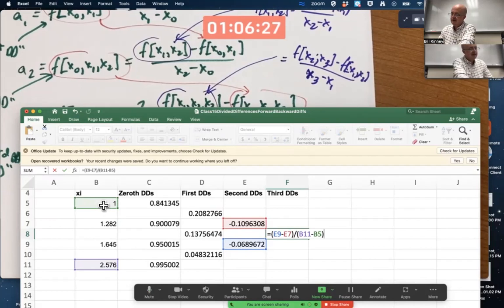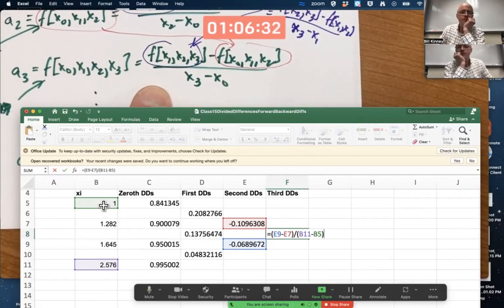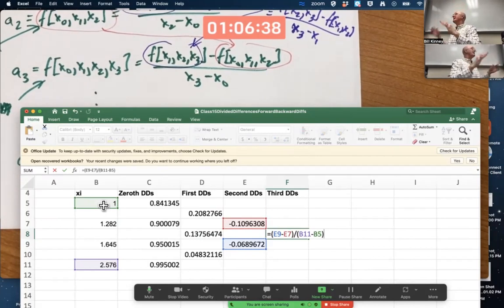I'm using this formula now. Notice I'm dividing by x3 minus x0. Actually, the really amazing thing about this, so you do notice my nodes are not equally spaced here. The really amazing thing about this is it works even if I rearrange the nodes to not be in numerical order.